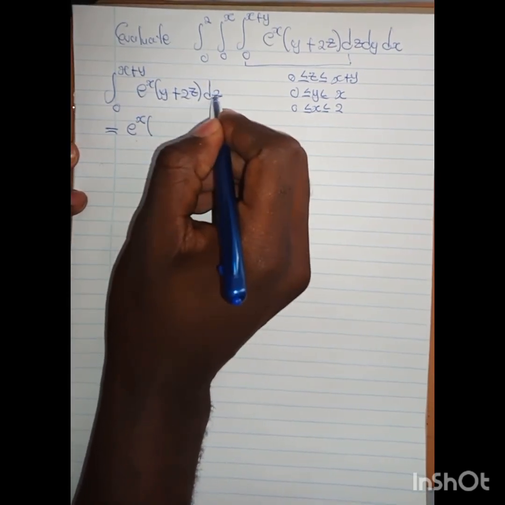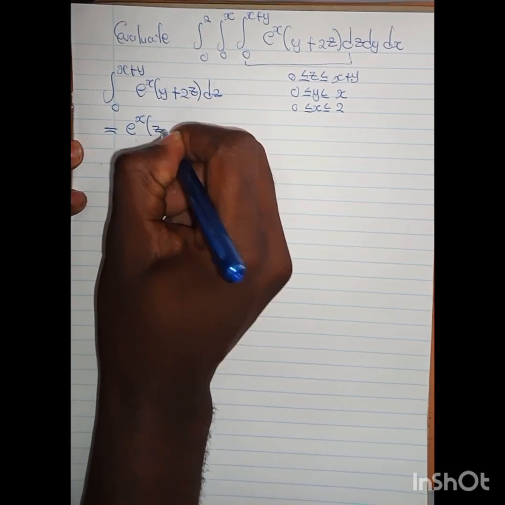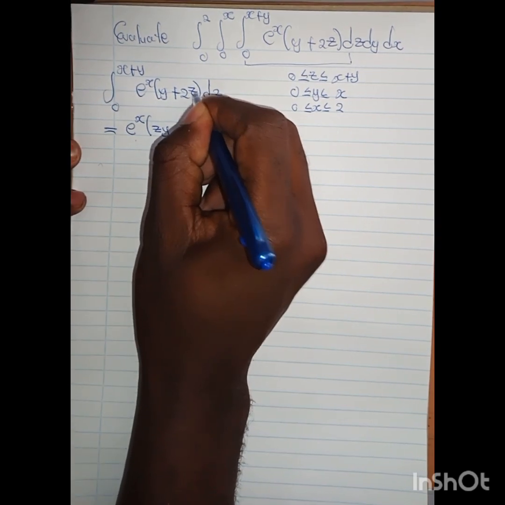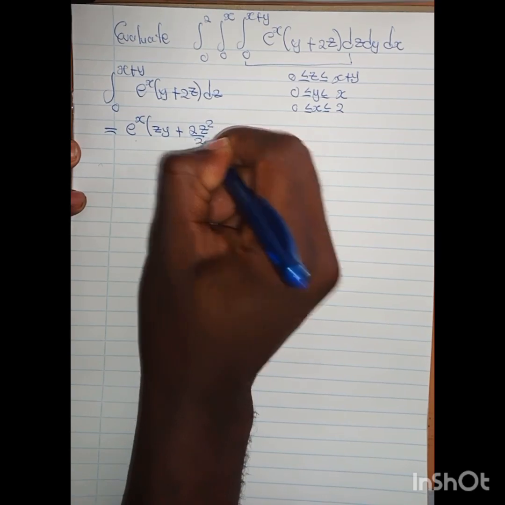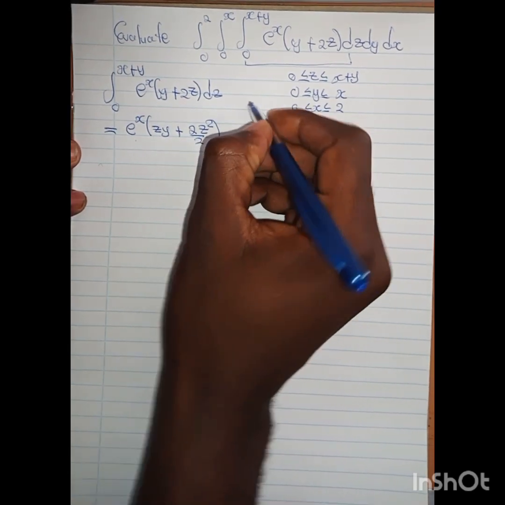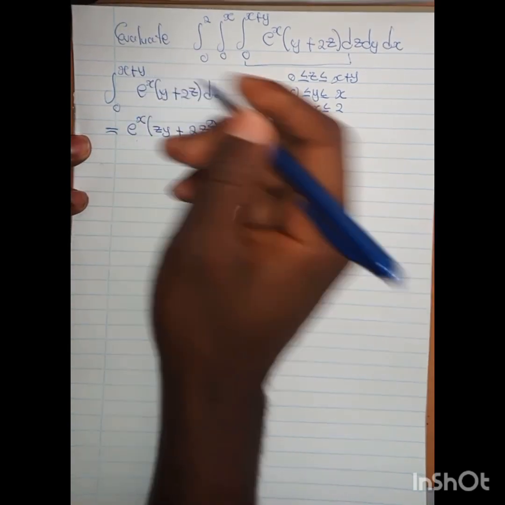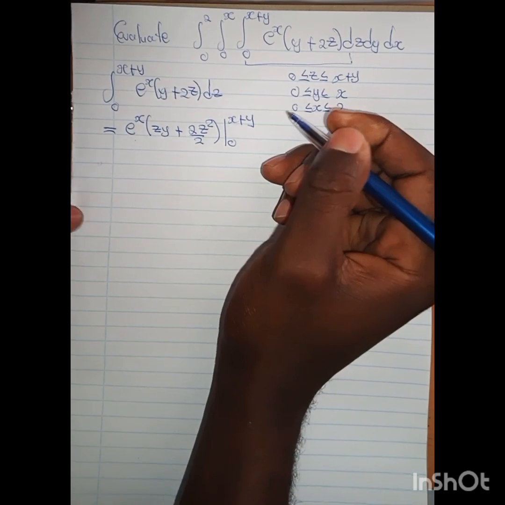Because we integrate with respect to z, we multiply y by z, so we have zy plus, and integrating 2z with respect to z gives 2z squared over 2. The limits run from 0 to x plus y.